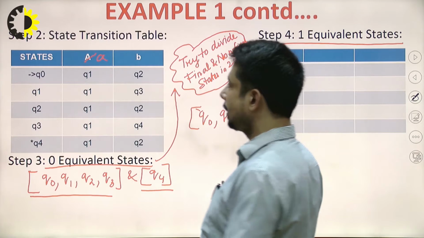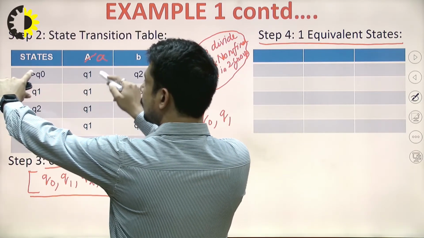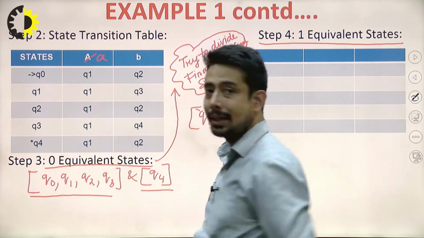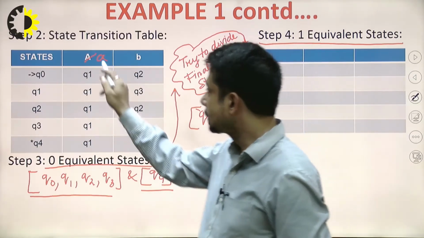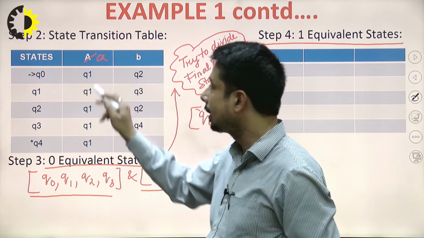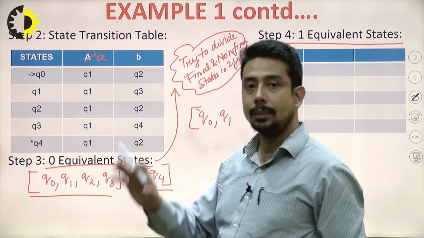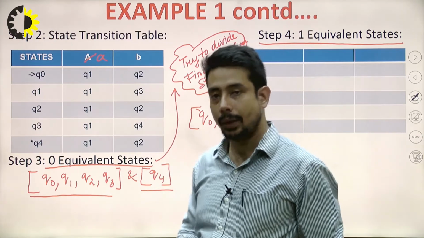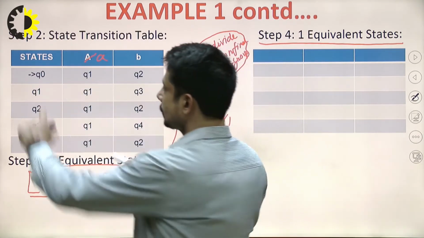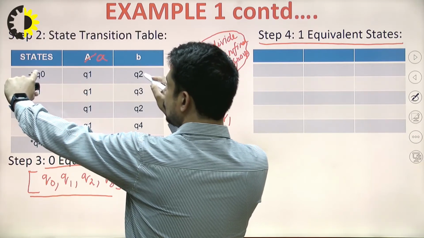Okay, let me take Q0 and Q1 on input alphabet A, where it is going into the same state. Yes, same state, one of the categories. That means for input alphabet A, Q0 and Q1 together are going to the same state. That means it is accepted. That is, Q0 and Q1 can come together. Next comes Q0 and Q1 on input alphabet B, where it is going to Q2 and Q3.